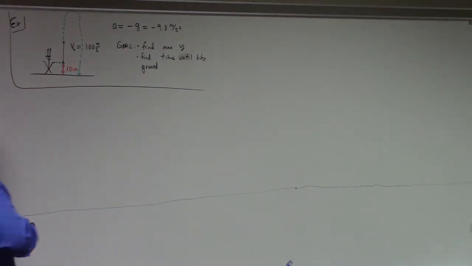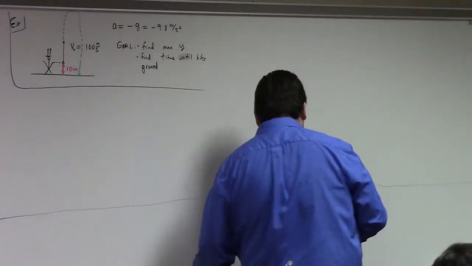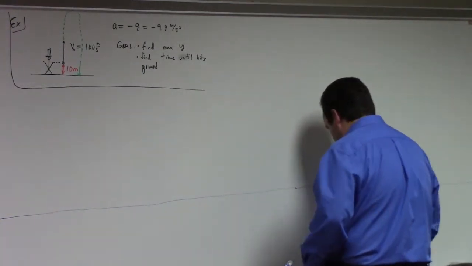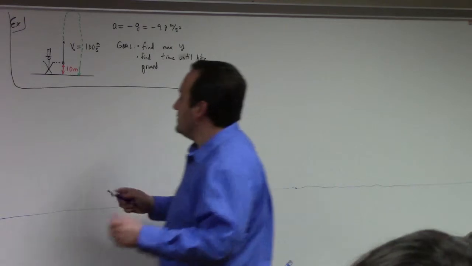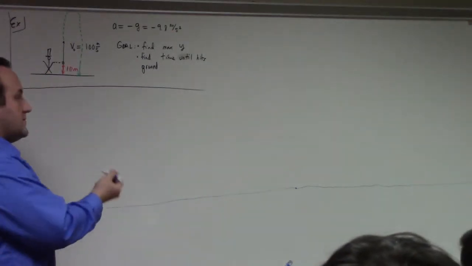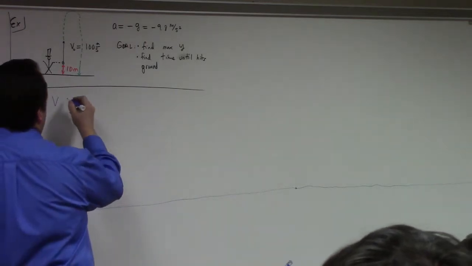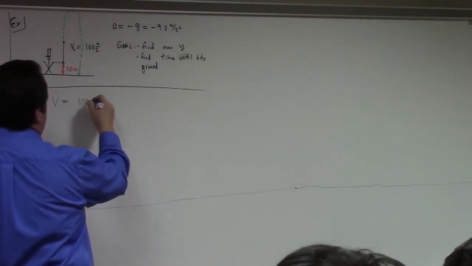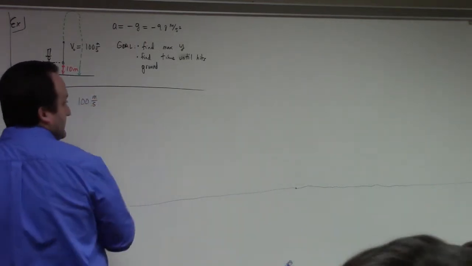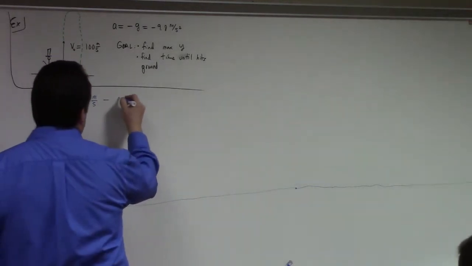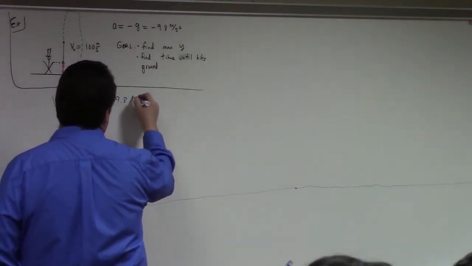So basically, we'll just use the equations we derived last time as they apply to this particular problem and see where it takes us. I know that the velocity at time t is equal to 100 meters per second minus 9.8 times t.